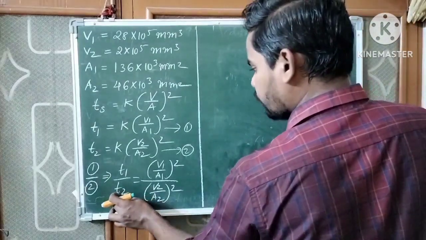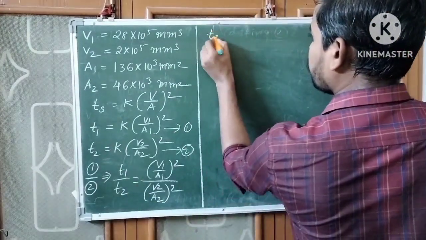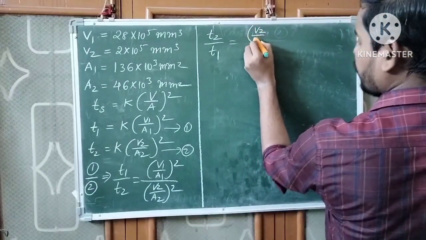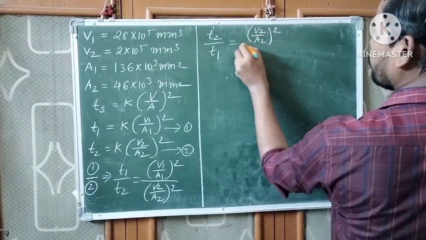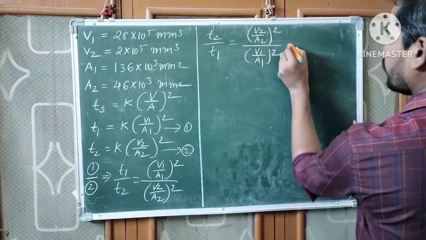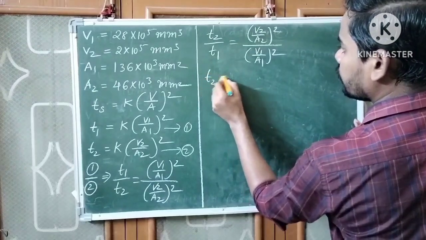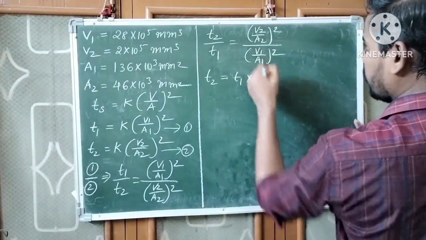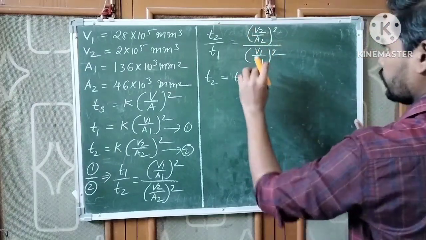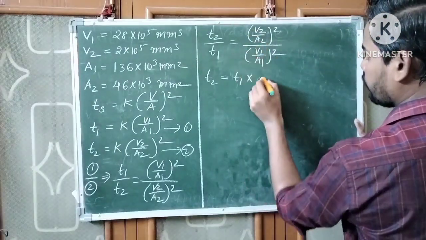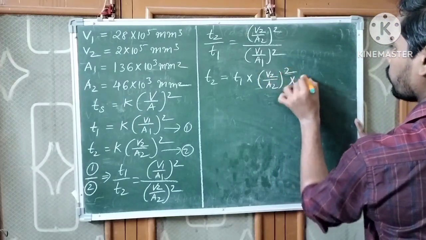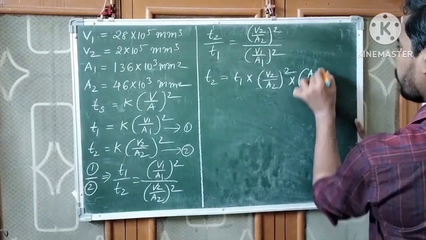Here we need T2, so take the reciprocal. T2 by T1 is equal to (V2 by A2) whole square by (V1 by A1) whole square. Now transpose T1: T2 is equal to T1 into the reciprocal of V1 by A1, that is A1 by V1, whole square, into V2 by A2.